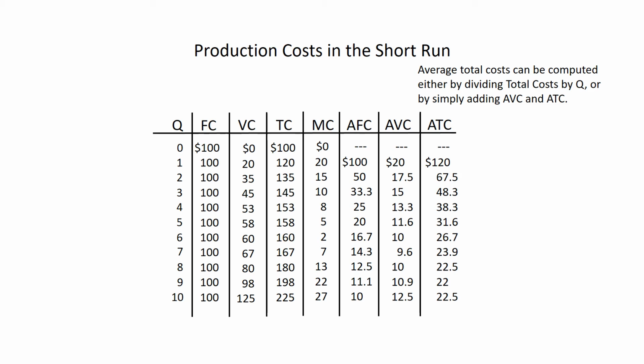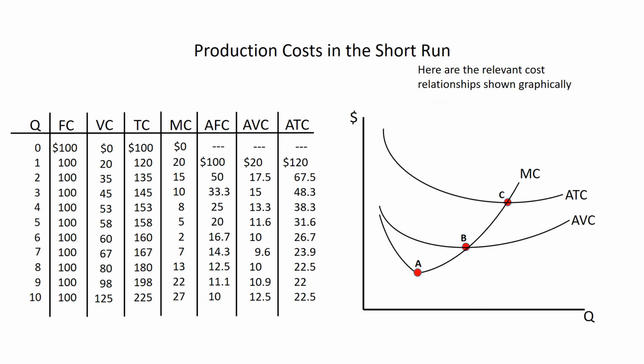Average total costs can be computed either by dividing total costs by Q or by simply adding average variable costs and average fixed costs. If we were to take the time to plot all of these values on this graph, here's what the functions would look like relative to one another.